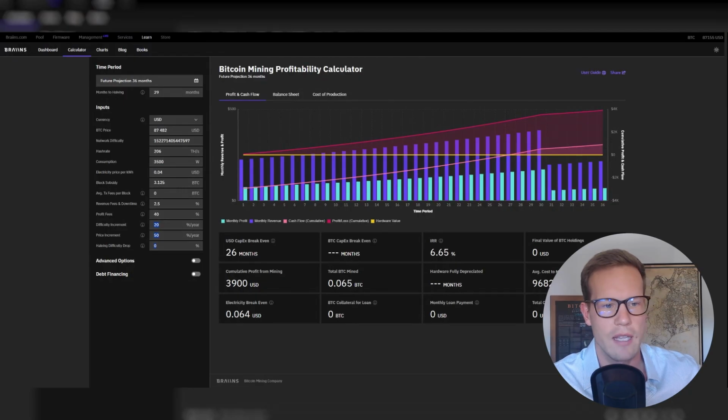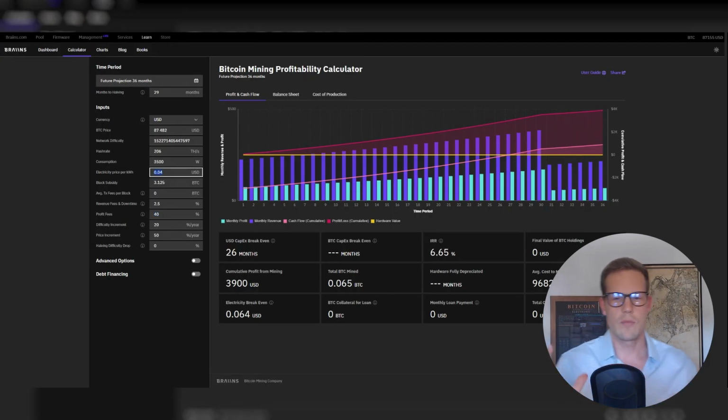All of these numbers stay the same, but now I've put price increment 50, difficulty increment 20, and the profit fees. I've said 40% of your profits go to the hosting operator, and your electricity price is 4 cents. We explained this before in the mining with solar example, but essentially what this does is it lowers your fixed cost, so it lowers that break even, and it adds a variable portion on top.